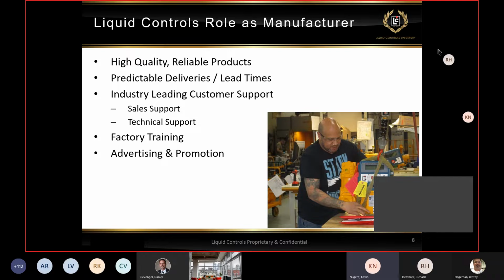We'll also provide advertising. You'll see our advertisements in large trade publications, as well as promoting our products at the very large technical trade shows in the various industries that we serve.